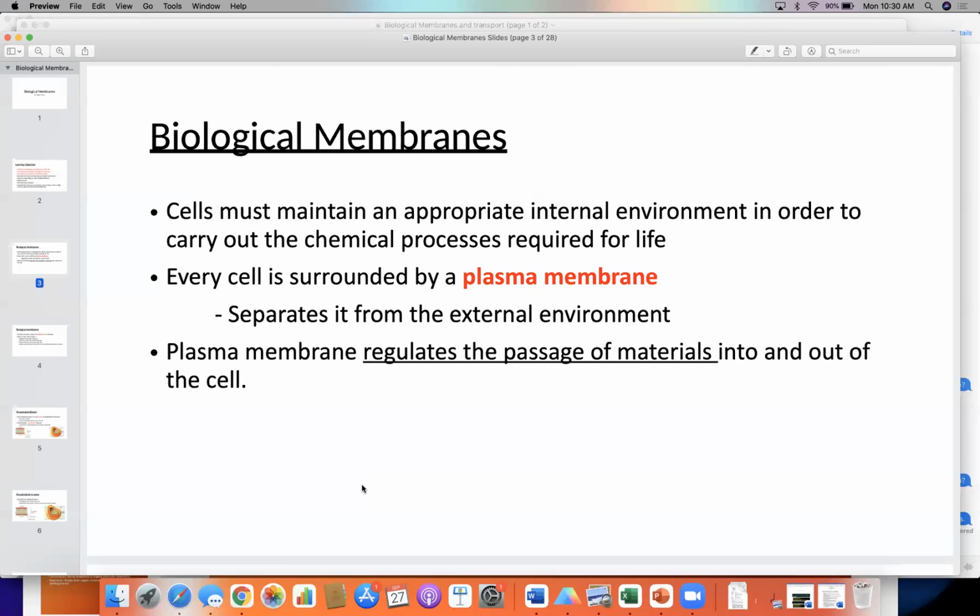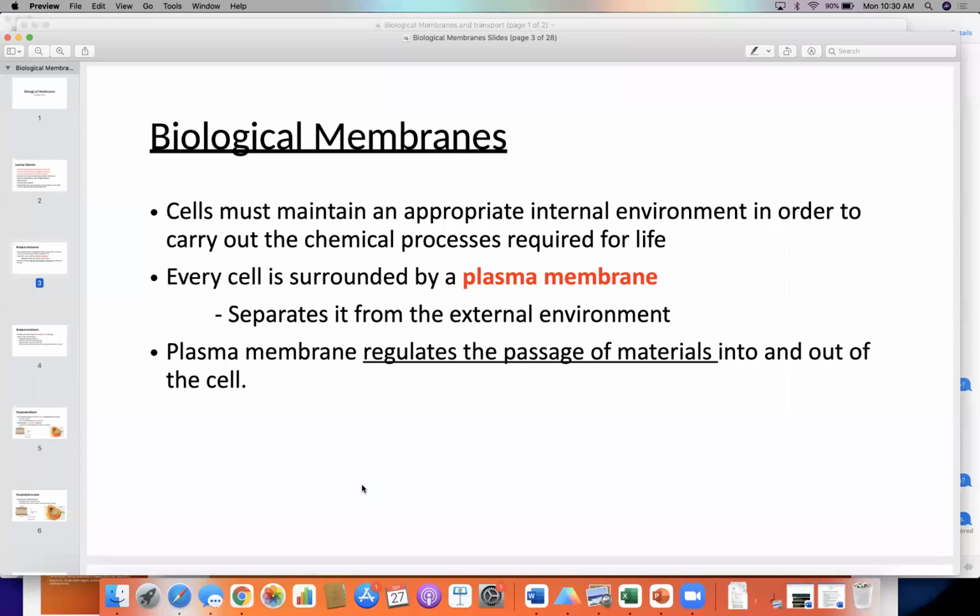The next most important job, or function, of the plasma membrane is to regulate the passage of materials into and out of the cell. So let's stop here and just think about that. The cell has all types of properties that it's trying to maintain.